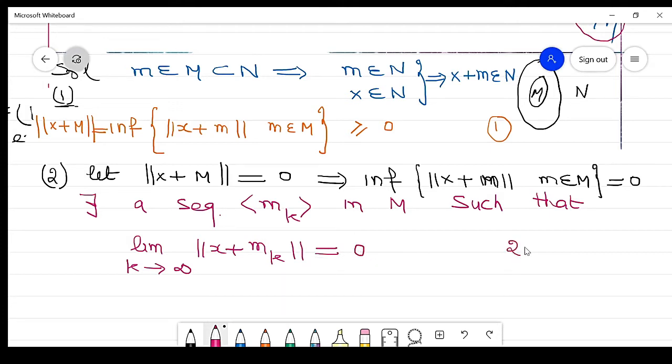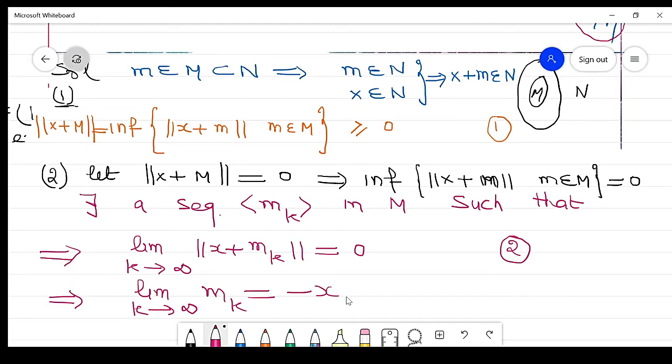So this is equation number 2. From this equation, we get that there is some sequence which satisfies this condition. Now what we get? If this norm is equal to 0, then the limit as k approaches infinity of m_k is equal to minus x, right? So this is equal to minus x.